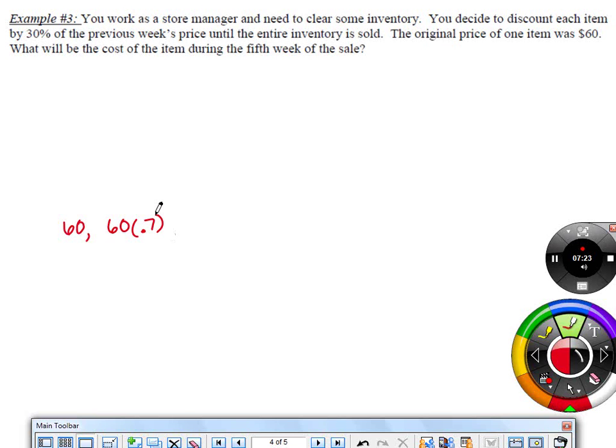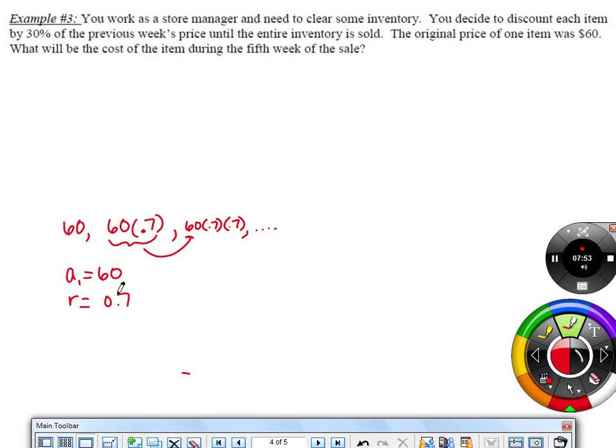Then the next week, this would have made a new price, whatever 60 times 0.7 is, and that person is only going to pay 70% of that. And then this pattern would continue. So what I see here is a geometric sequence where the first term is 60, and the ratio, or what each term is getting multiplied by, is 0.7.